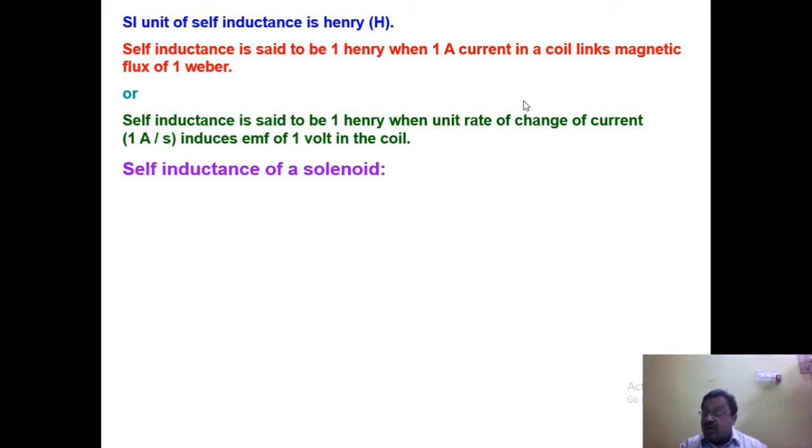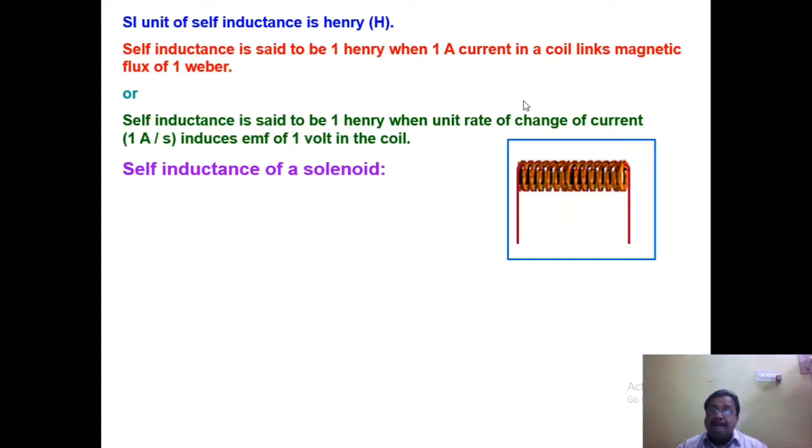So after having an idea about self-inductance, let us find the self-inductance of a solenoid. Here you see this is a solenoid, okay? A coil wound over a core, and here suppose A is its area of cross section, its length is L, and current I is flowing through it.